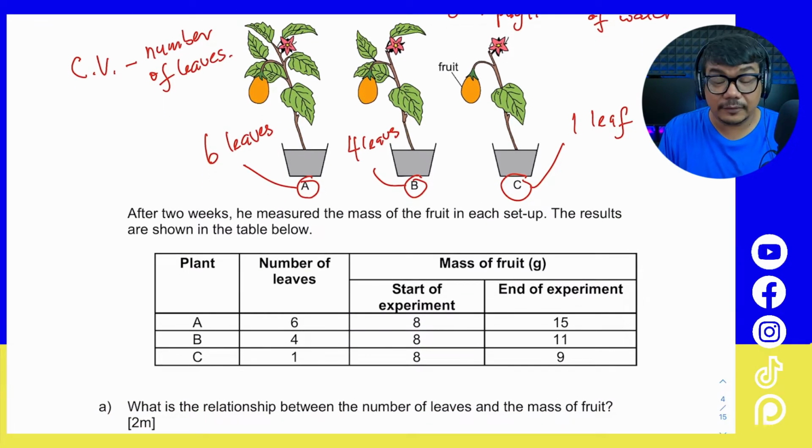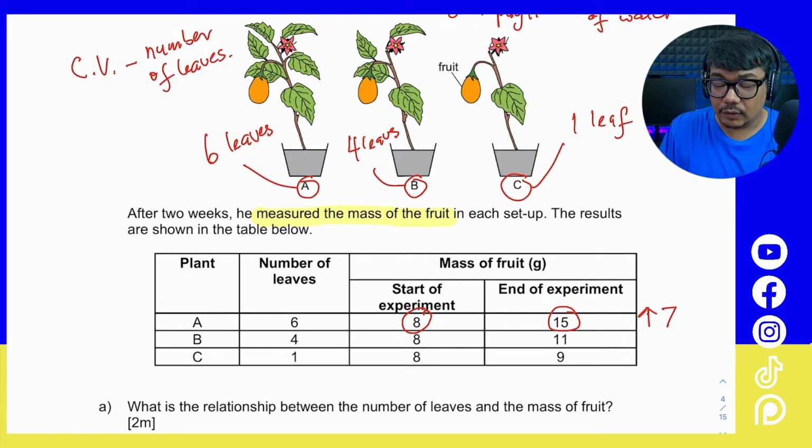Now, let's see what else they are telling us. After 2 weeks, he measured the mass of the fruit in each setup, and the results are shown in the table below. Plant A, number of leaves 6: at the start of the experiment the mass of the fruit was 8 grams, and at the end it was 15 grams, an increase of 7 grams.